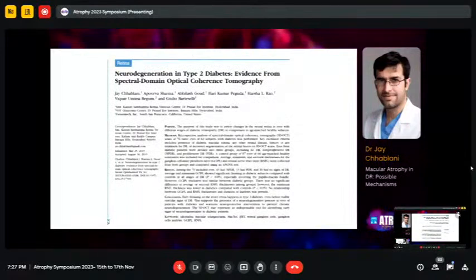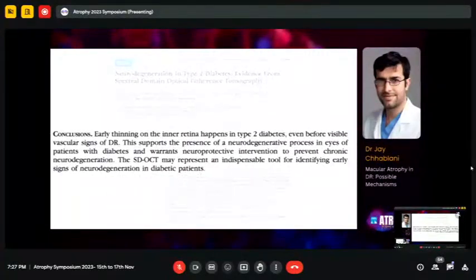Way back in 2015, we showed early neurodegeneration in type 2 diabetes in eyes which did not have any diabetic retinopathy or minimal diabetic retinopathy. In this paper, we showed early thinning of inner retina can happen even before visible vascular signs of diabetic retinopathy.